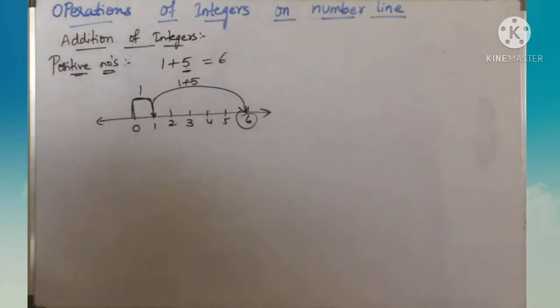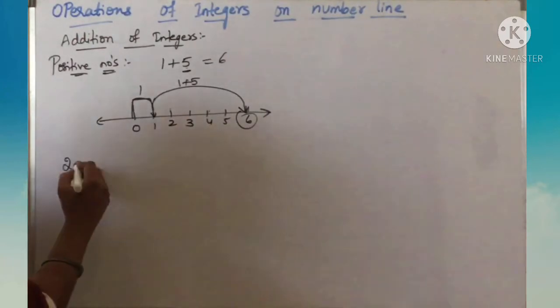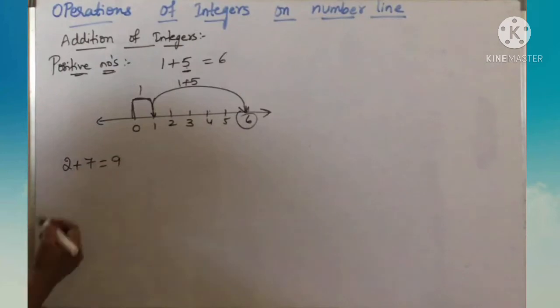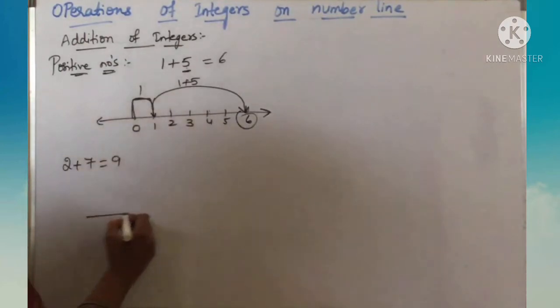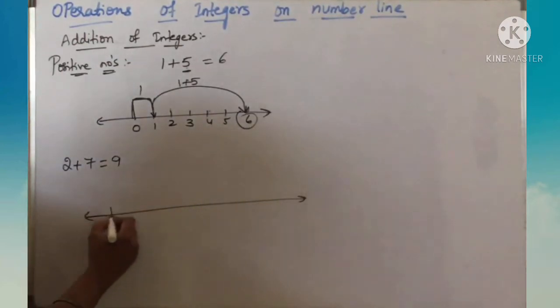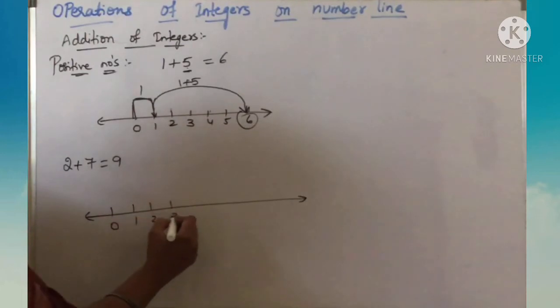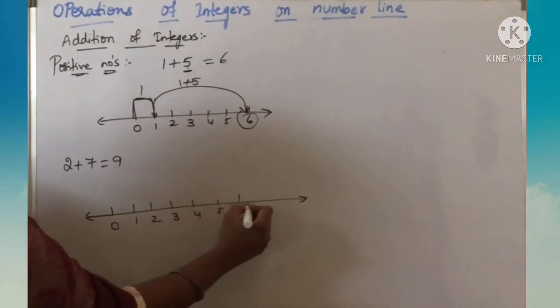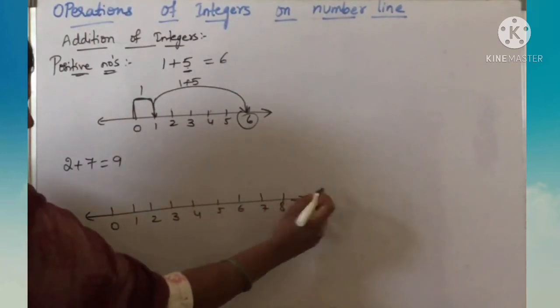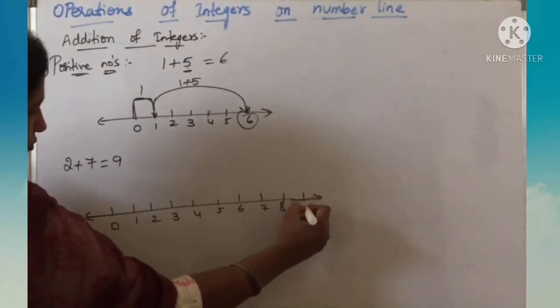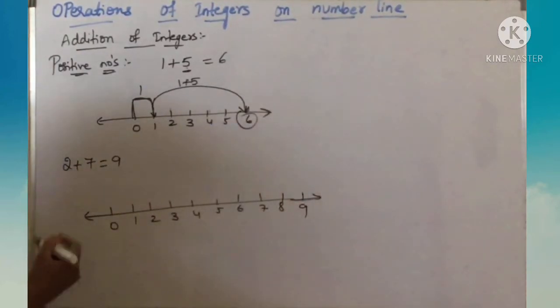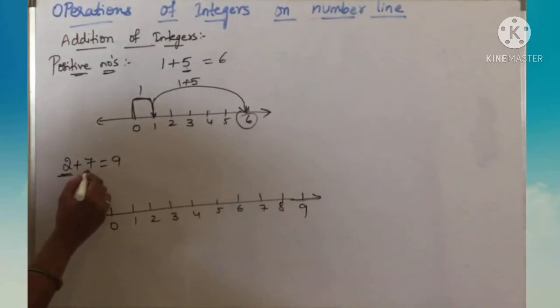Okay children. Suppose one more example. 2 plus 7. You know 2 is a positive number, 7 is a positive number, right? So when I add on the number line, you know 2 plus 7 is 9. So the first number is 2, second number is 7.